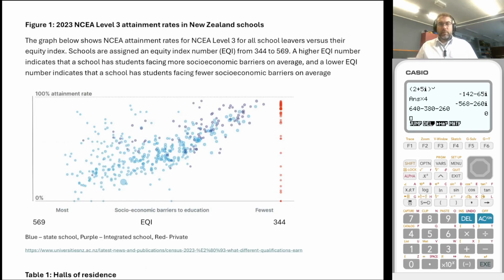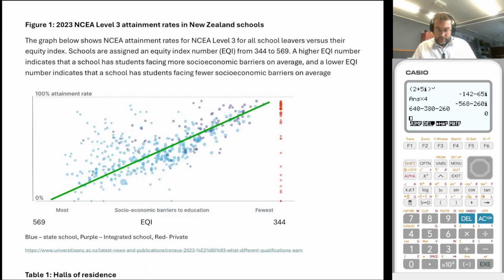The first thing I'm thinking about with a scatter graph is, can I put a line of best fit on there? That's a line that looks like it goes through the middle of the data, and you should use a ruler to do that, with about half the data above and about half below. Yours might not be exactly the same as mine, but you want something close to that.